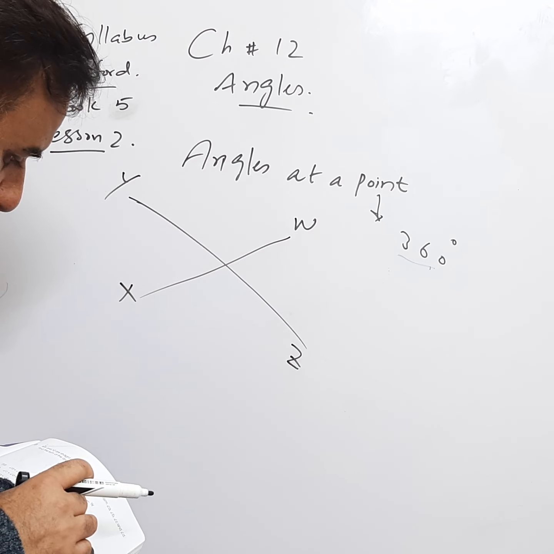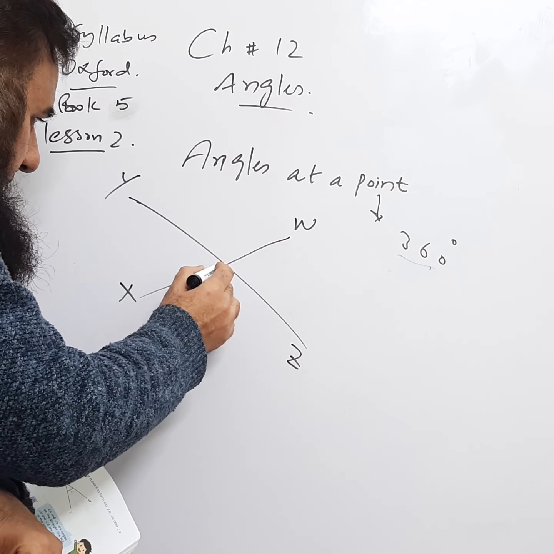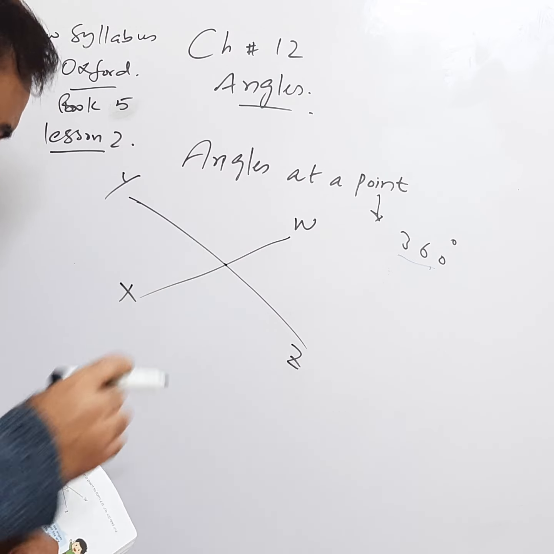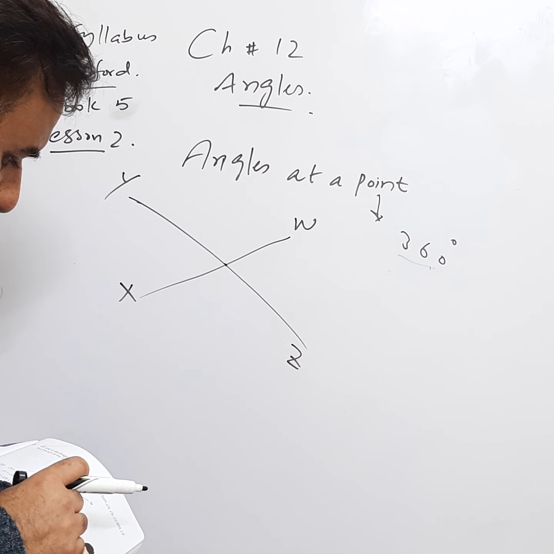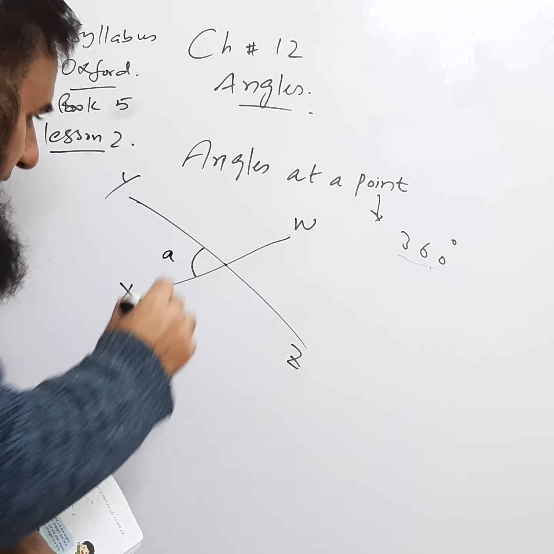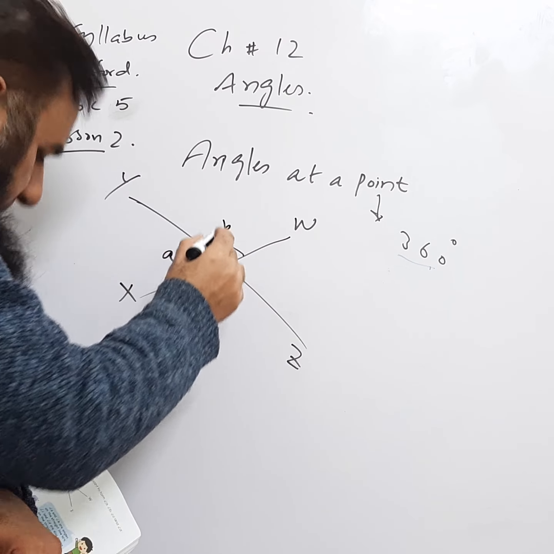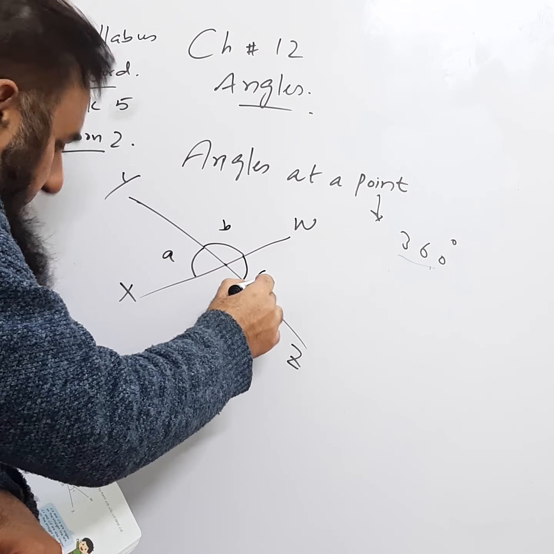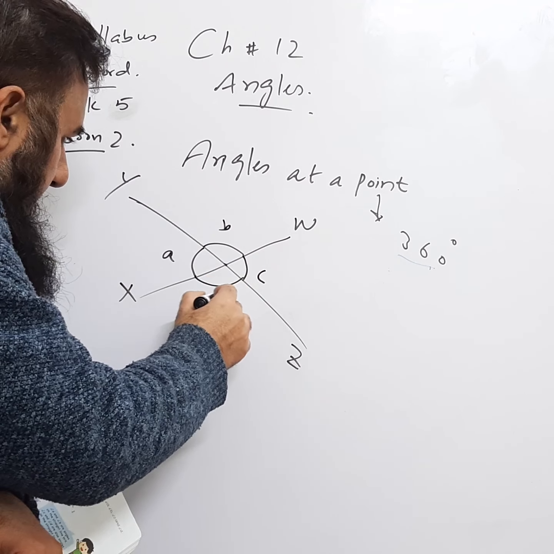They cross at a point, here. This is the point where they cross, and they form angle A. This is angle A, this is angle B, this is angle C, and this is angle D.